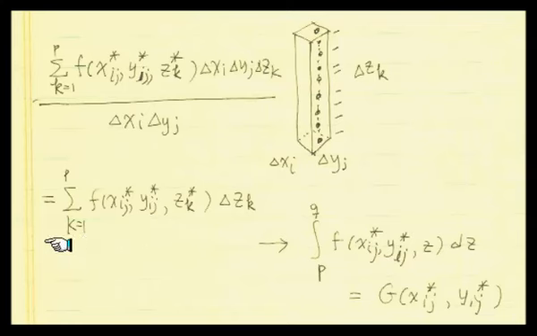So we've seen this one-variable Riemann sum before, with this star value, x star and y star, fixed. What this is approaching is this integral value, and by the definition of our g function, that is exactly the g value, the integral of this f function along z, where x and y are held constant.